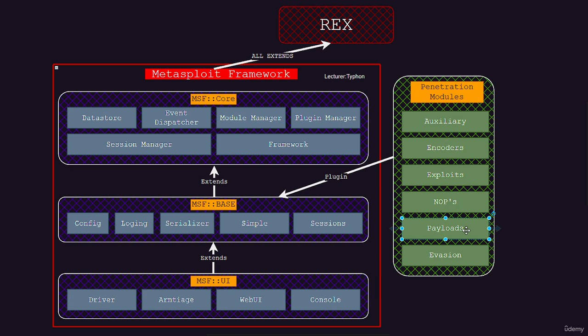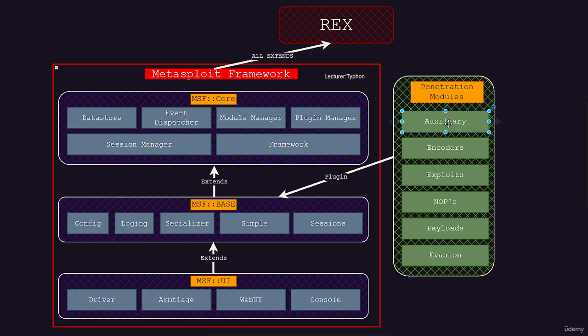Payloads can perform various tasks such as installing a backdoor or running specific commands on the target system. The well-known Meterpreter shell is an example of a payload, and it offers extensive control over a compromised system.